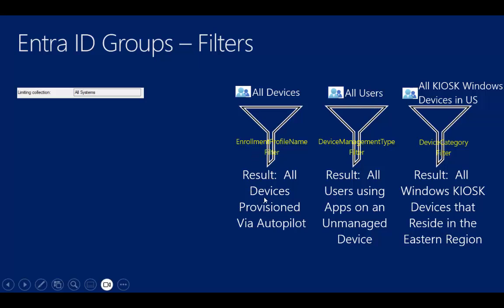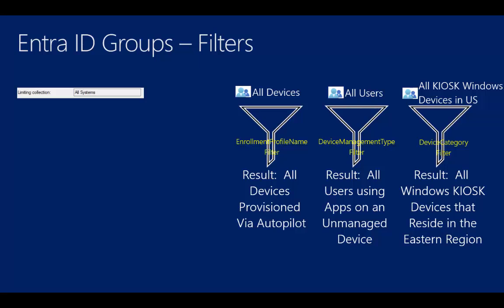So the result is the configuration you target to all devices and then apply this filter ends up getting applied only to the devices that are provisioned with the enrollment profile name in Autopilot, right? And that's how it works.